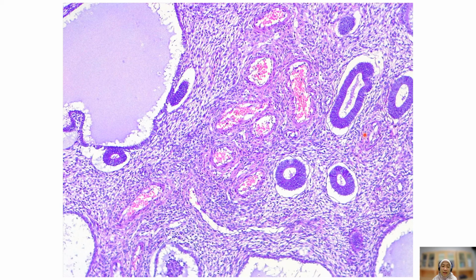These are the glands, and here is the fibrotic stroma. These three components compose an endometrial polyp. The glands, some are dilated, the fibrotic stroma, and the thick-walled blood vessels around the center.